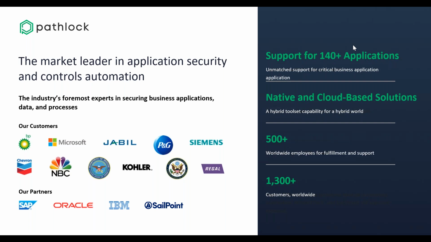One of the things we pride ourselves on, a strong competitive differentiator, is the broad application support that we integrate with in your business applications, across both native and cloud-based applications. We've experienced a lot of growth and tremendous success over the years, and we are at over 500 employees and 1,300 customers worldwide. From my perspective, it's been an exciting journey to see the product continue to innovate and help deliver value to our customers. Go ahead and jump to the next slide.